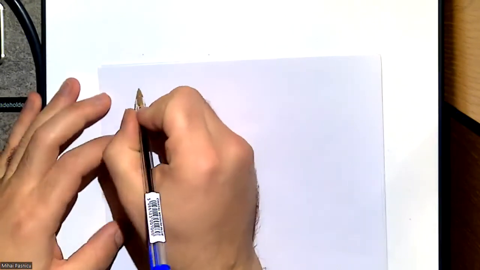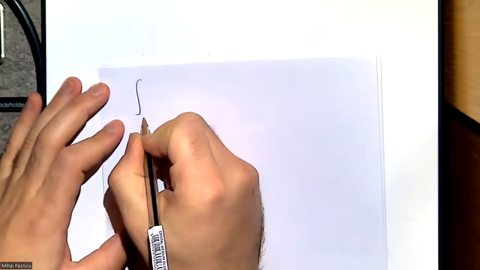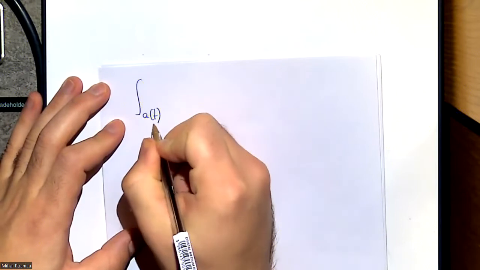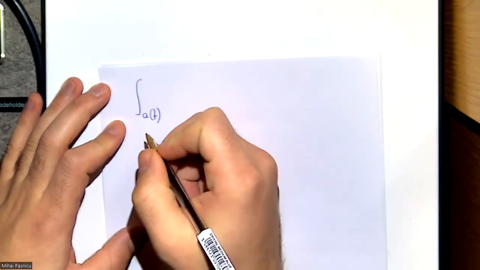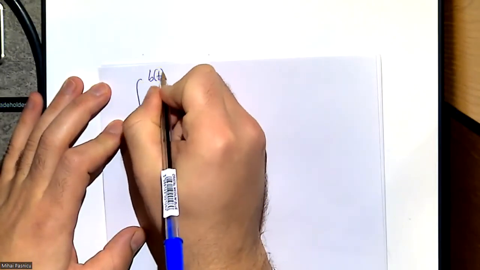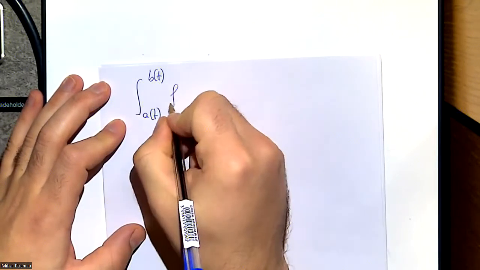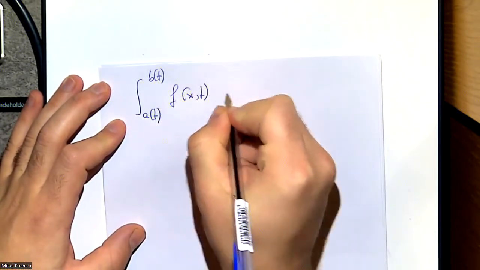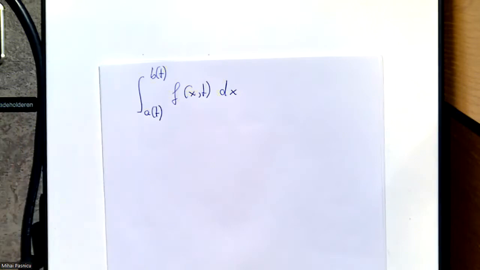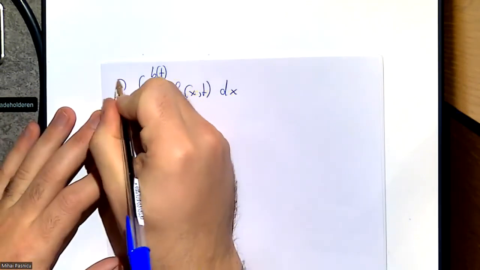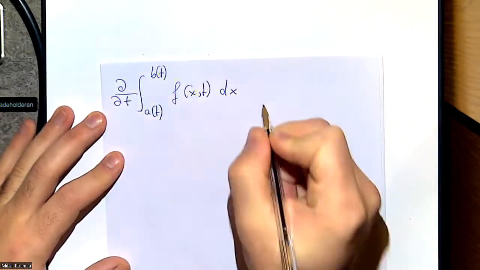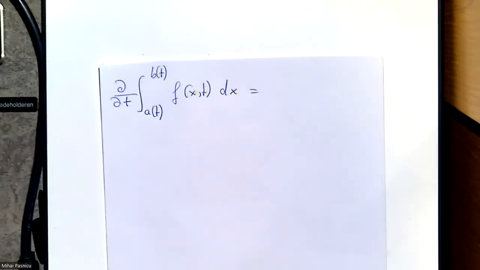Now, the rule itself is rather long, I would say. I think for your sake it comes in the cheat sheet that you get on the exam. I hope it does, at least. Right, so this is it, and we have to compute d/dt of this. What is this equal to?